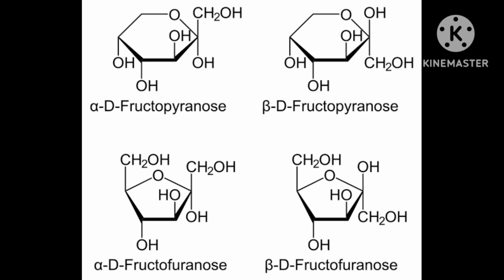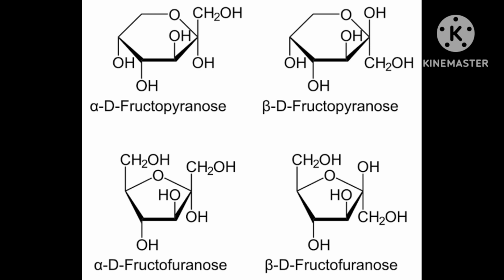If you consider oxygen as 1, then carbon number 2 is second, third is carbon, fourth is carbon, fifth is carbon, sixth is carbon. Then in pyran, carbon numbers 2 and 3 have a double bond.